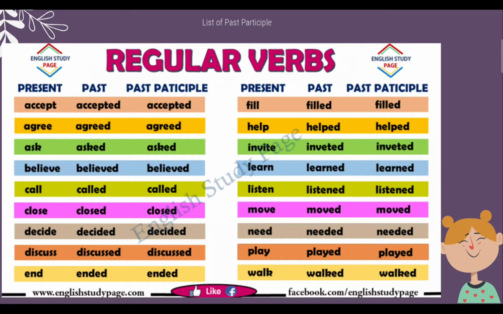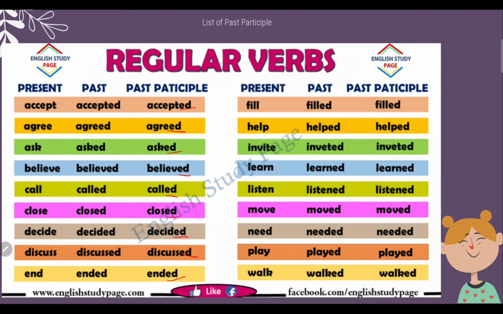Okay, so here is the list of verbs in their present, past, and past participle forms. So as you can see here, there are three. For regular verbs, to get the past participle we only add on ed, as you can see here.